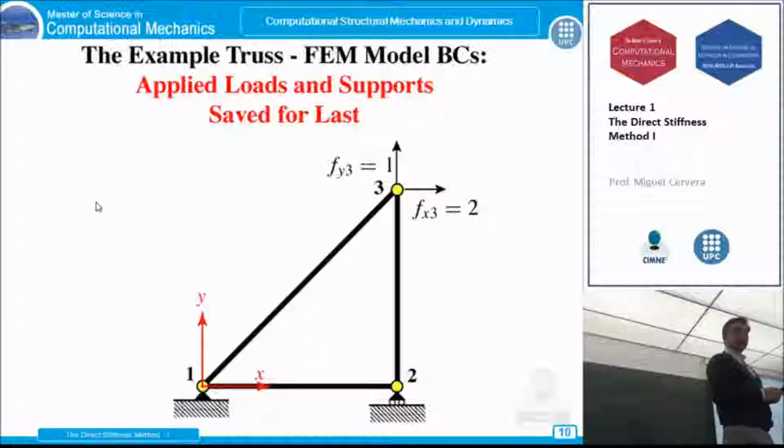He will. Okay? Because imposing equilibrium at this node, I will find out the axial force here and here. Imposing equilibrium at global level, I will get the reactions. Okay? So this is a straightforward problem. It doesn't matter.